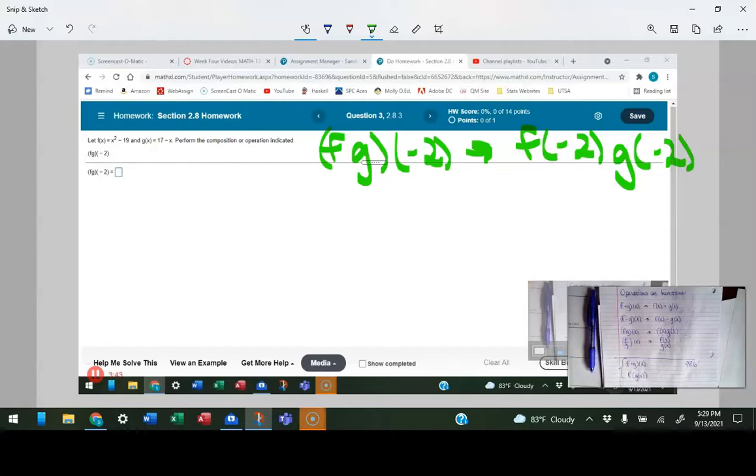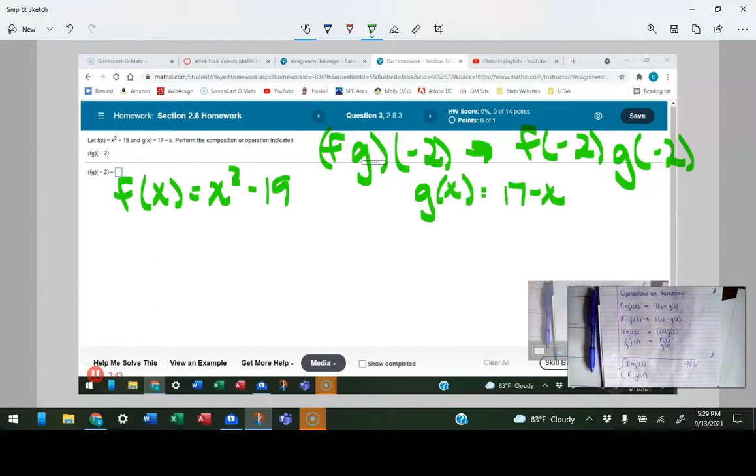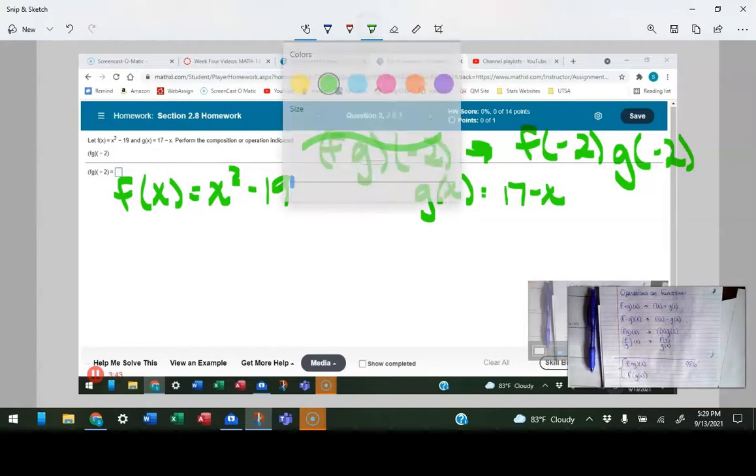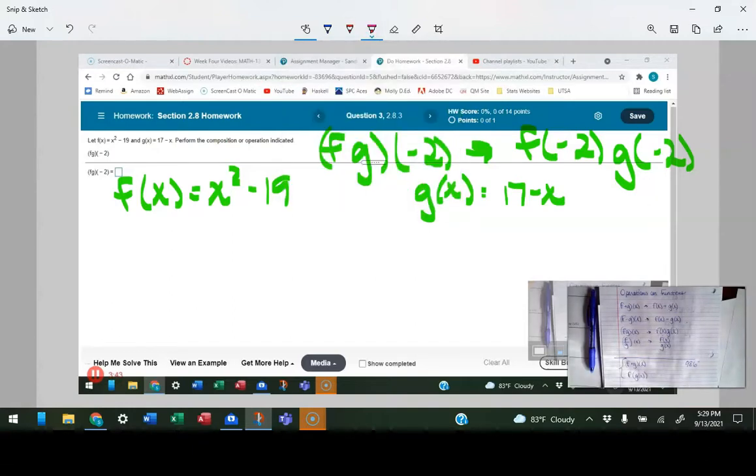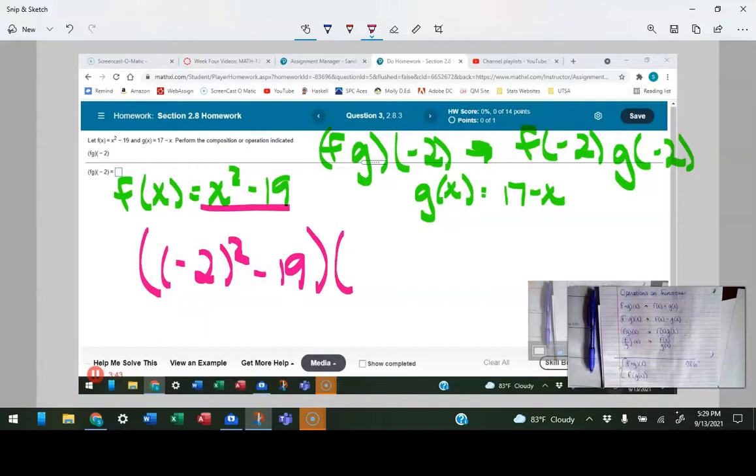So if f of x is x squared minus 19, and if g of x is 17 minus x, what I'm supposed to do is sub in a negative 2, and then I am going to, let's use pink, I'm going to sub in a negative 2, and then I'm going to multiply. So what I have is negative 2 squared minus 19, and that's going to be times, so that's this part, times 17 minus negative 2.